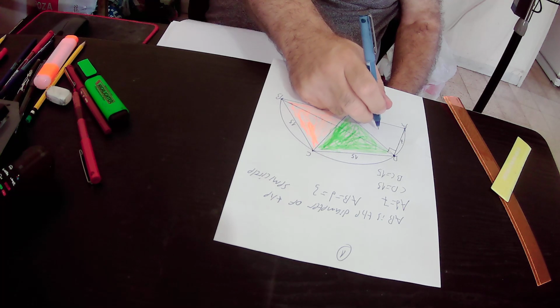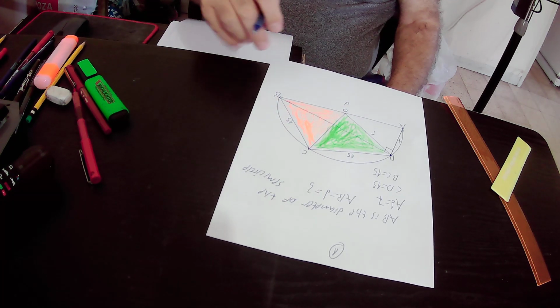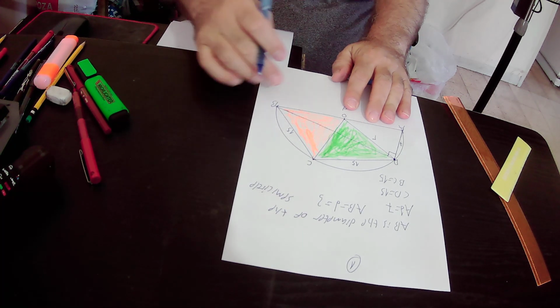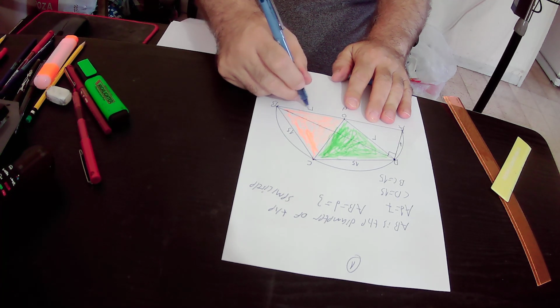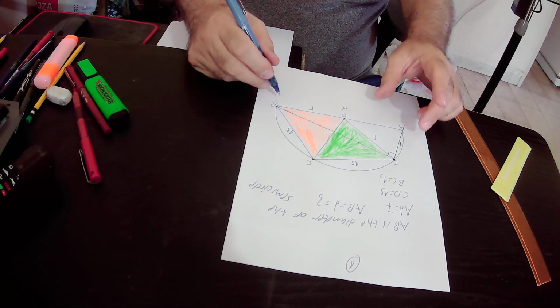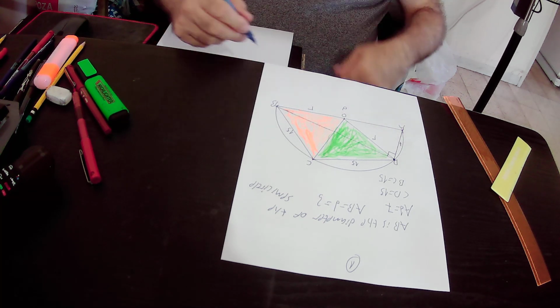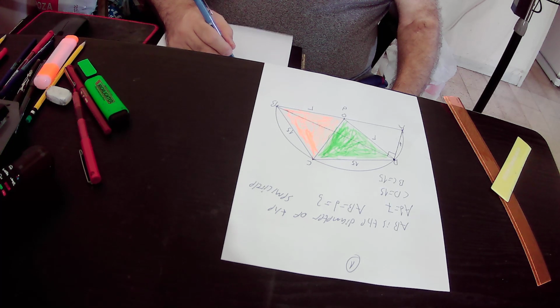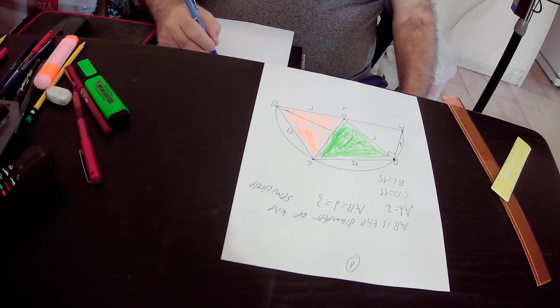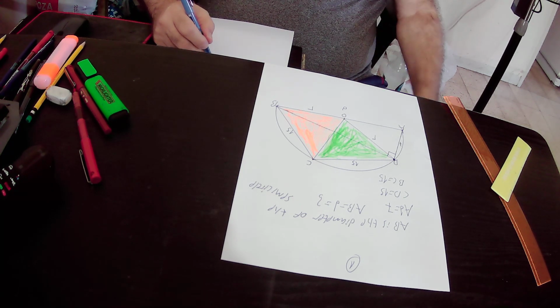Also OB is a radius because it goes from the center and ends at point B on the circle. So OD equals OB equals the radius. Side OD of the green triangle equals side OB of the orange triangle.